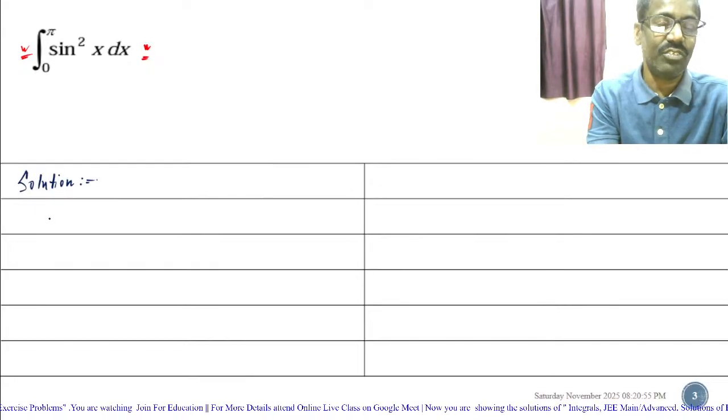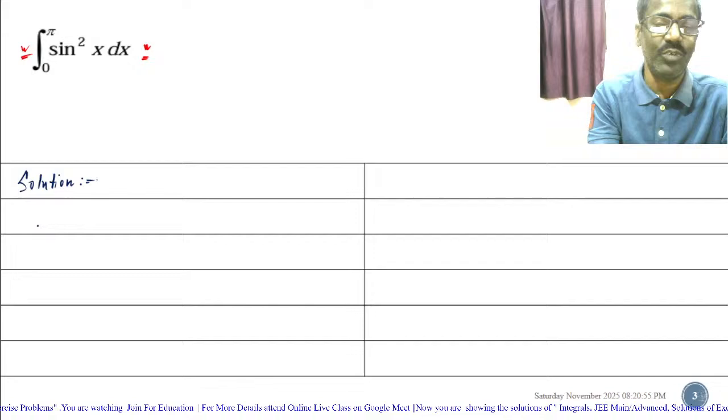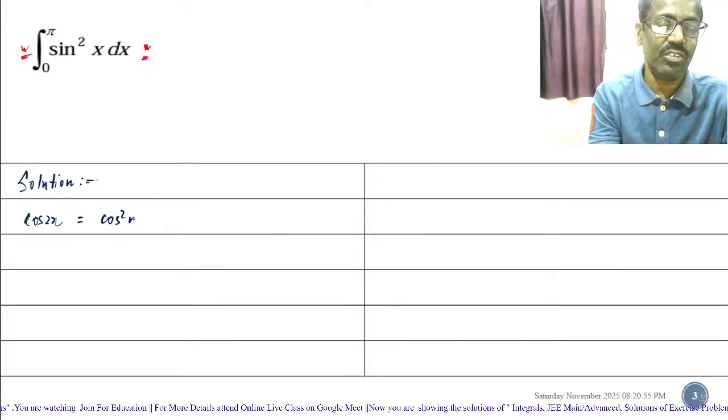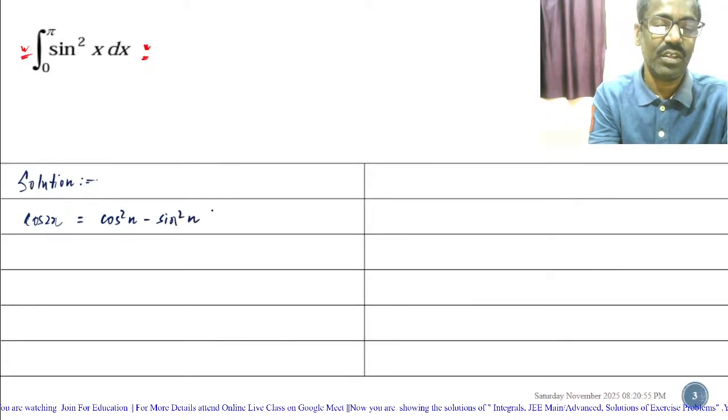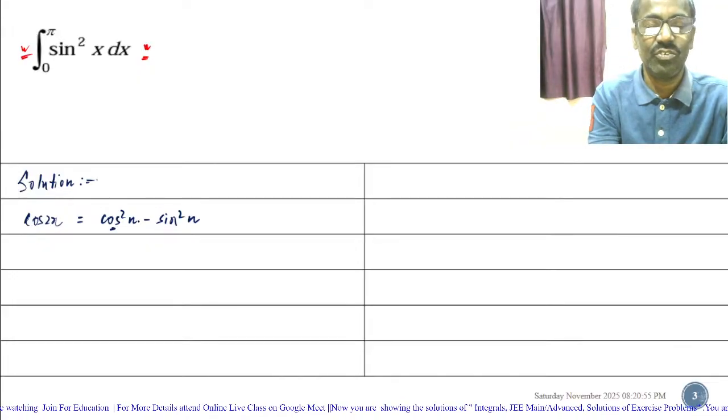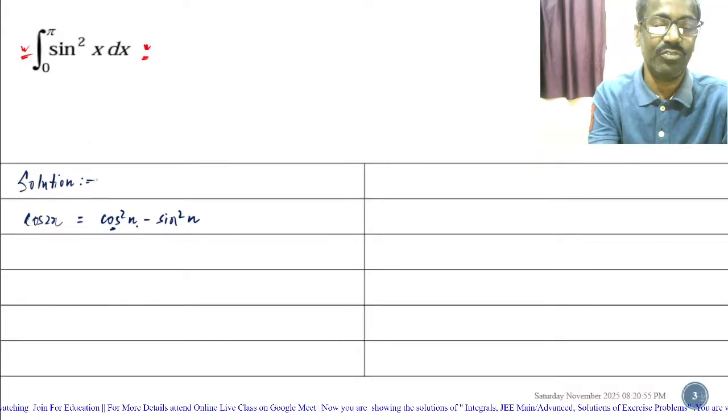Sin square x will be what? For this we recall the general formula cos 2x. So cos 2x equals cos square x minus sin square x. We convert cos square x into the form of sin square x.